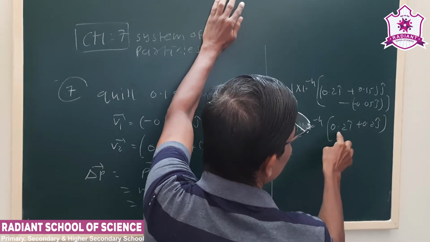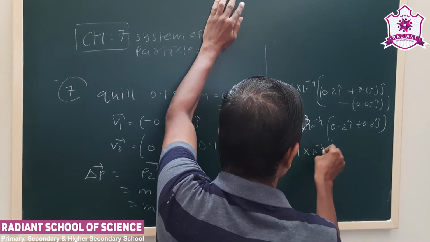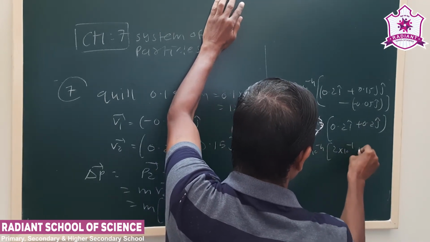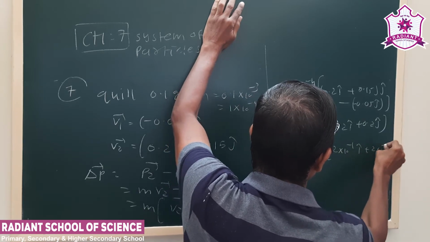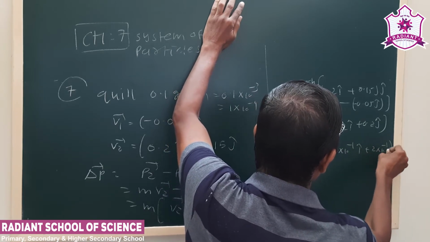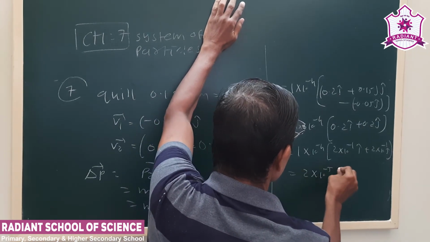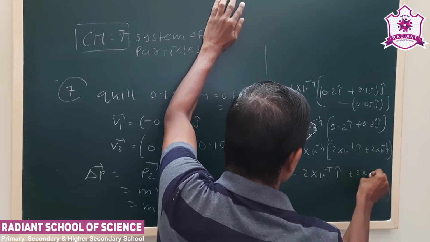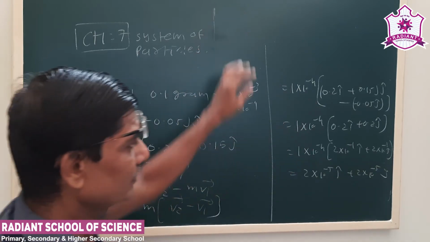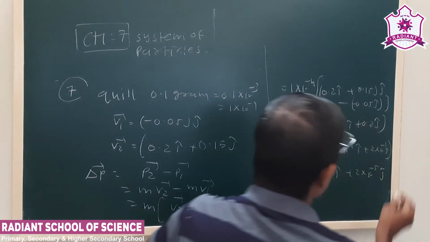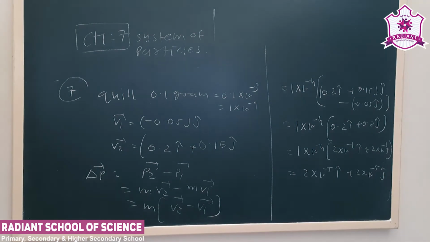Now see, 0.2 is 2 into 10 to the minus 1 i caret plus... Okay, so if I multiply, so this is how we can calculate the change in momentum.